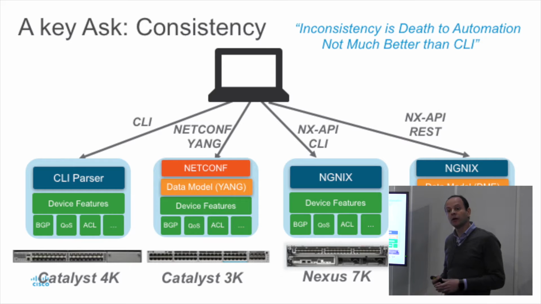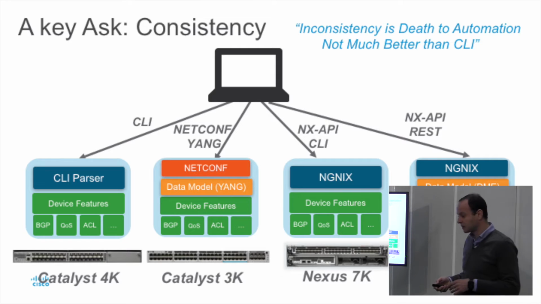What we are trying to do now is drive consistency across many platforms and operating systems. We are not going to do it with all of them. The main focus is on IOS XR, IOS XE, and NX-OS. We are trying to bring the same functionality, or as much consistency as possible, across these 3 operating systems.